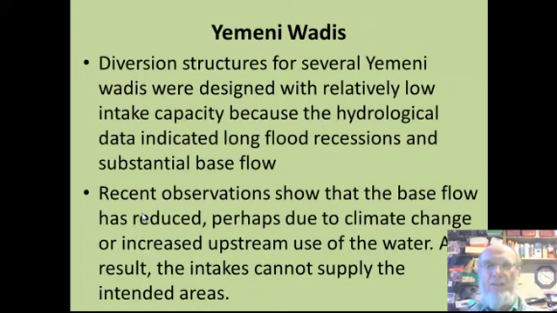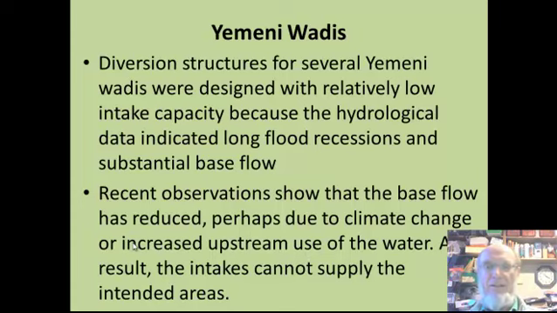If we look at the Yemeni wadis, we will often see that the diversion structures were designed with relatively low intake capacities because the hydrological data indicated long flood flows and substantial base flow. However, recent data shows that the base flow has reduced, perhaps due to climate change or increased upstream use of the water.